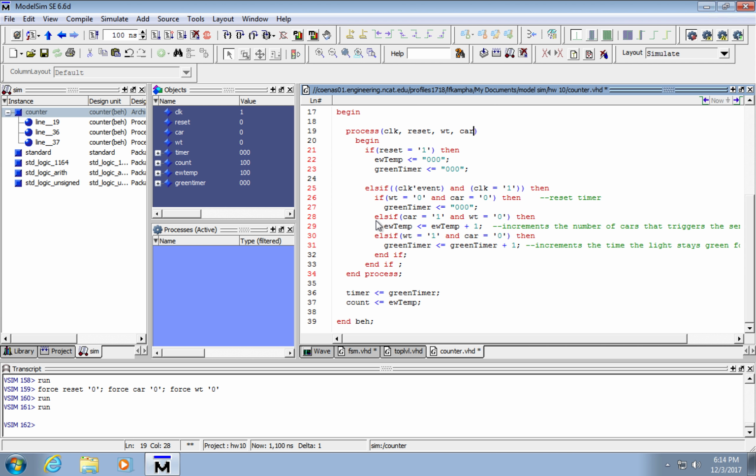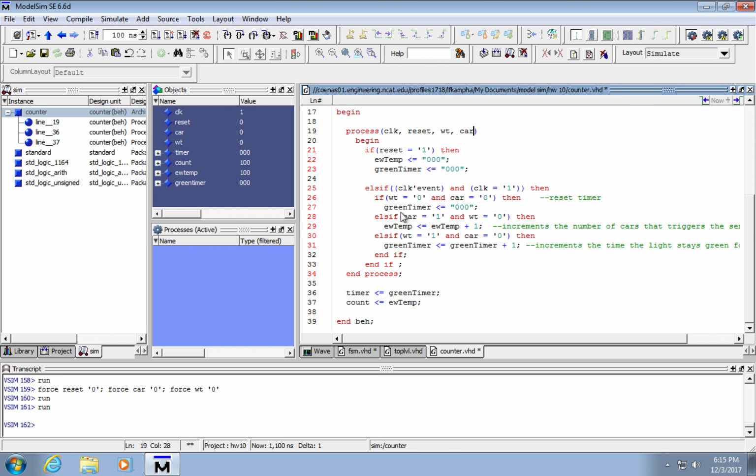This else if statement here is where car is equal to 1 and WT is equal to 0. So green timer will remain at 000, and this allows the counter for east-west temp to increment, because car is 1.